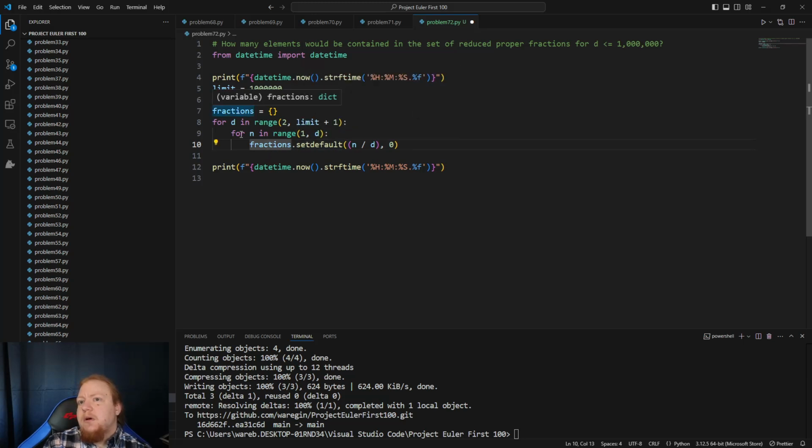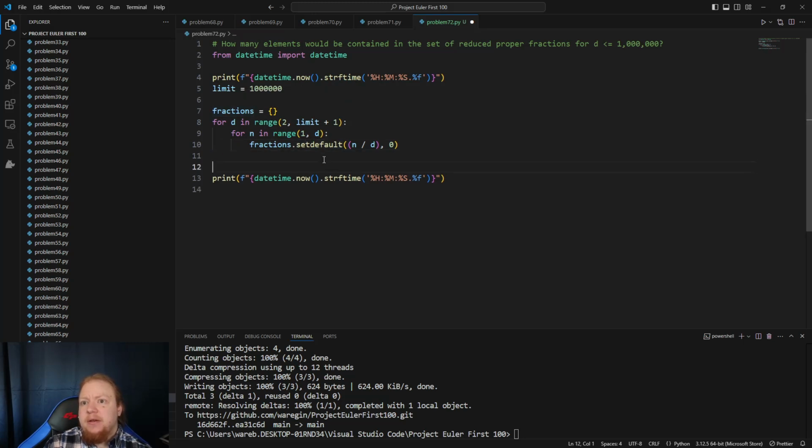All this is doing is looping through and going, okay, if this is n over d, then we are just going to set that key.